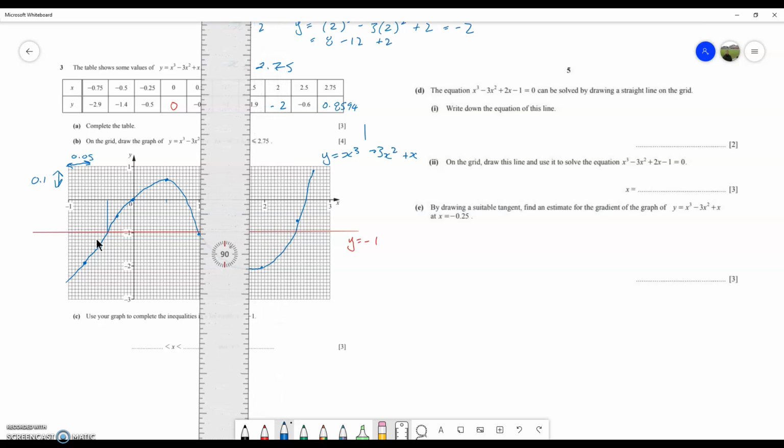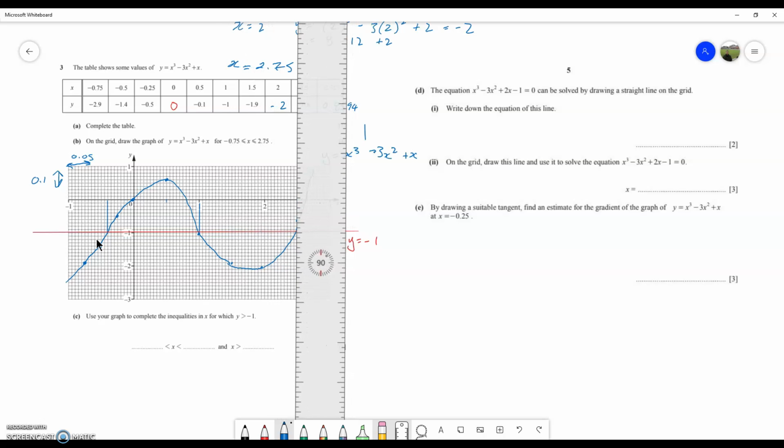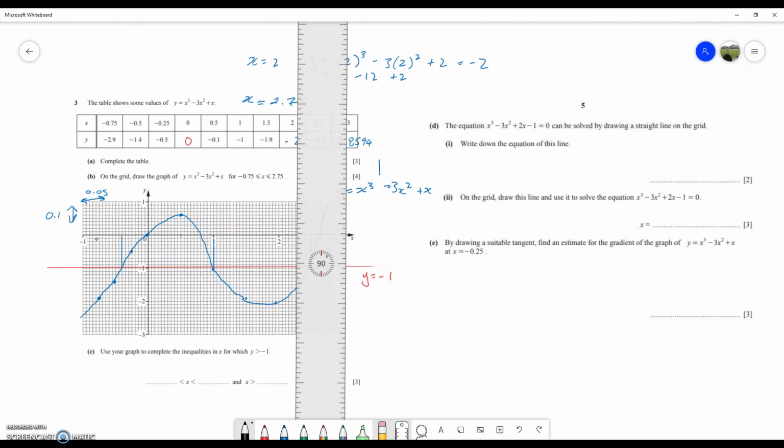Okay, it also crosses over here, and then also crosses over here at this point. So we can then read our numbers. So obviously that's 1, and it's greater than -1.